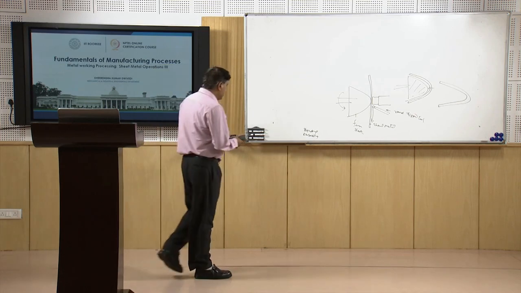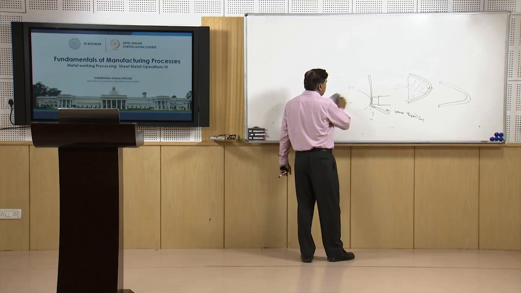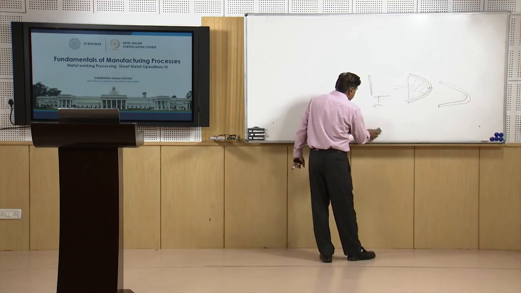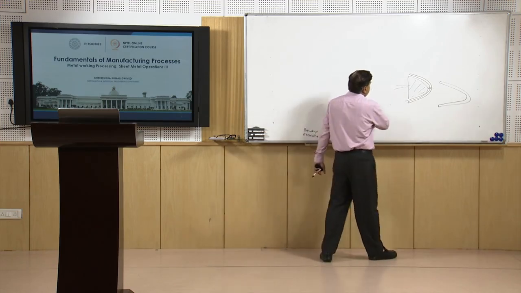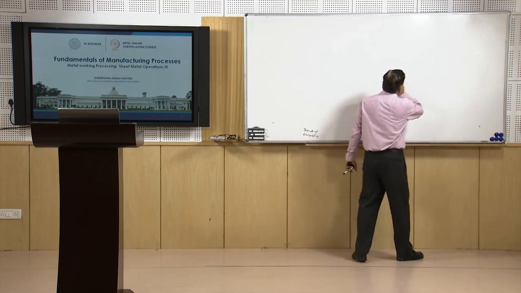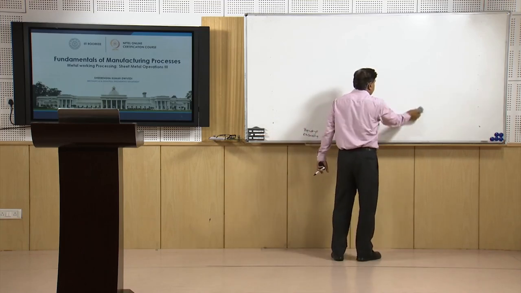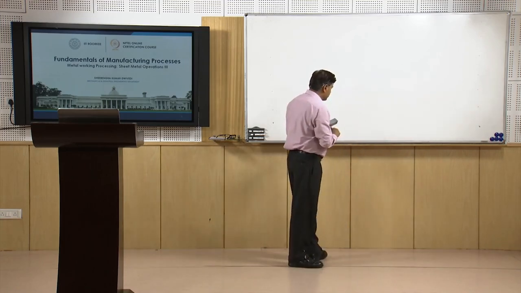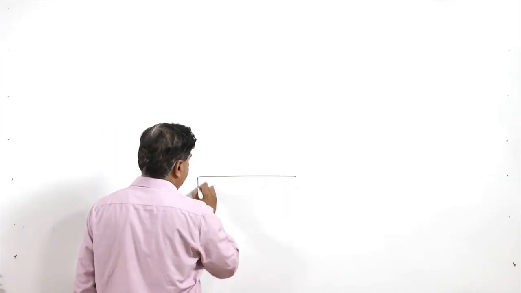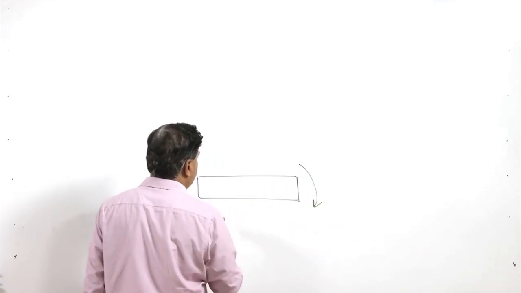Now, another sheet metal operation is bending. We know that under normal conditions, when sheet metal or any plate is subjected to bending about the neutral axis, the different zones are subjected to different kinds of stresses. For example, a simple plate subjected to bending like this.